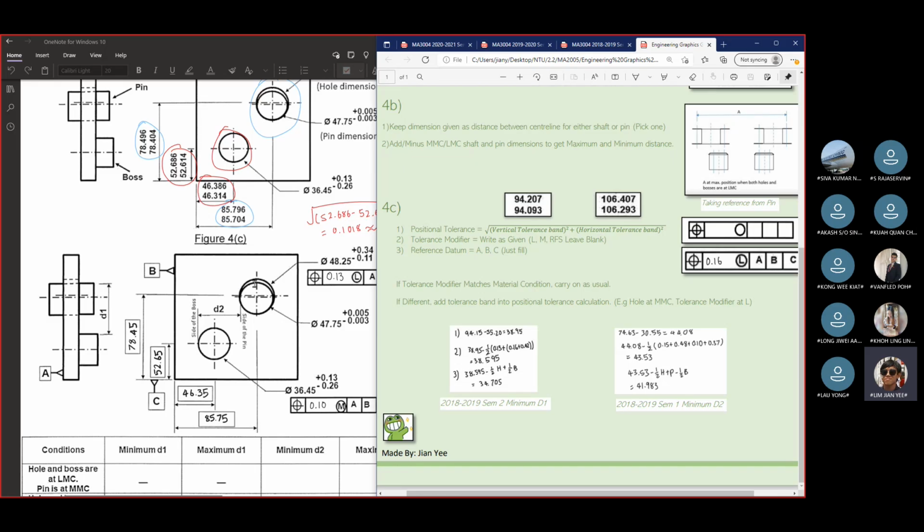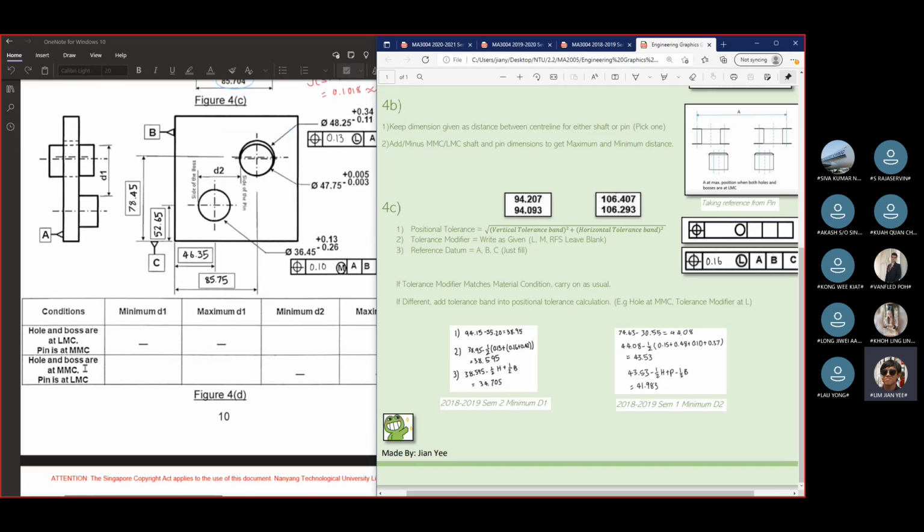Then you want the pin to be smaller. So hole and boss are at LMC, pin is at MMC. Okay.